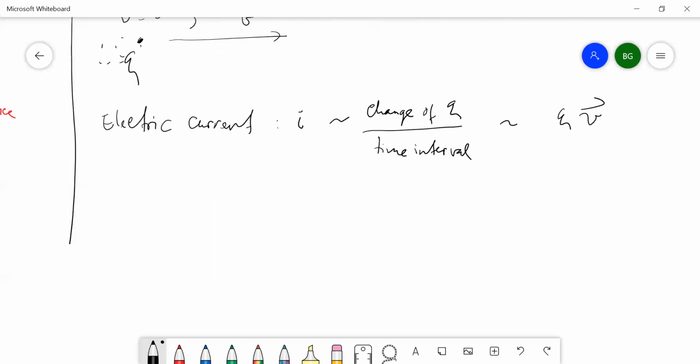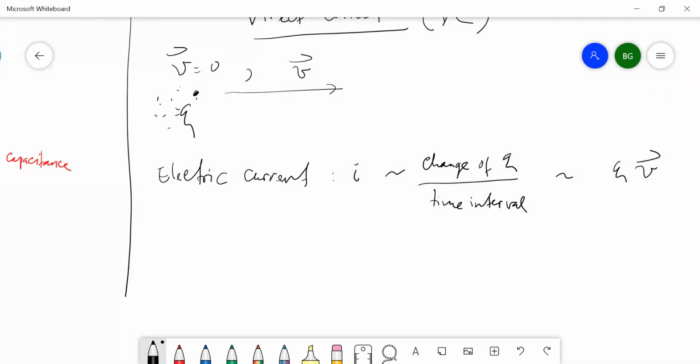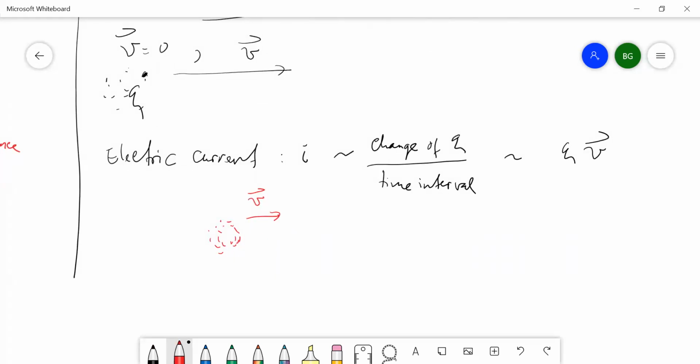So the definition: if there are so many charges that travel through space, there will be a net change.